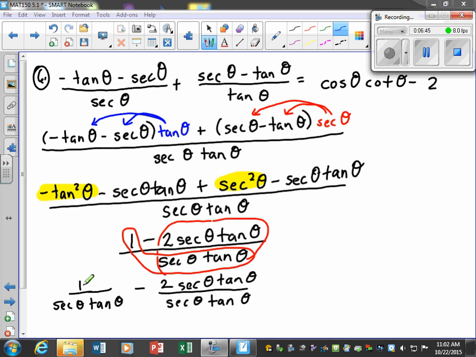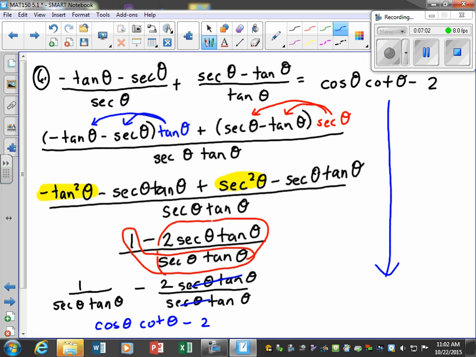Okay, well, what's 1 over secant? Cosine theta, good. What's 1 over the tangent? Cotangent, good. And then this will cancel with this, so we're just left with minus 2, which equals our right-hand side. And we're done.